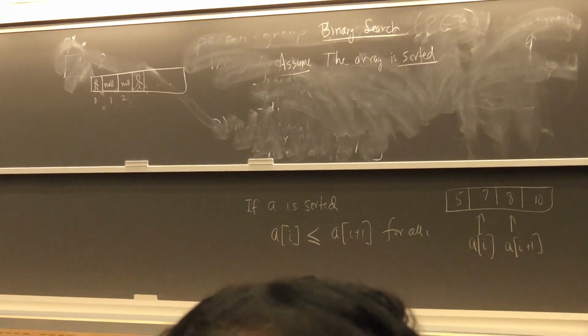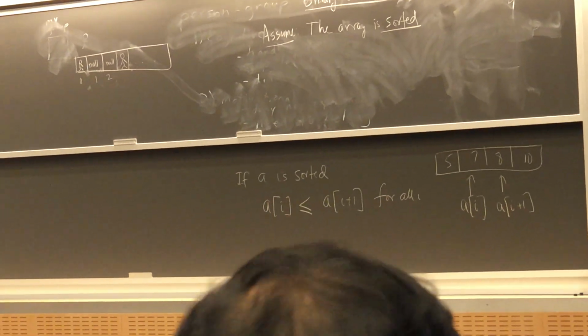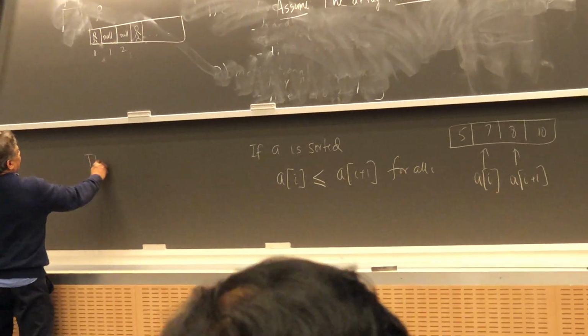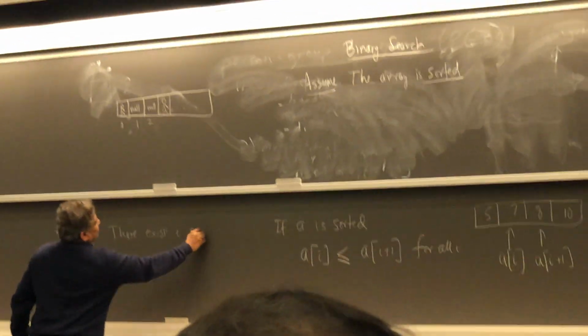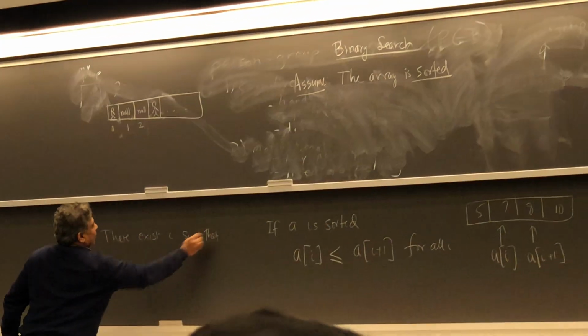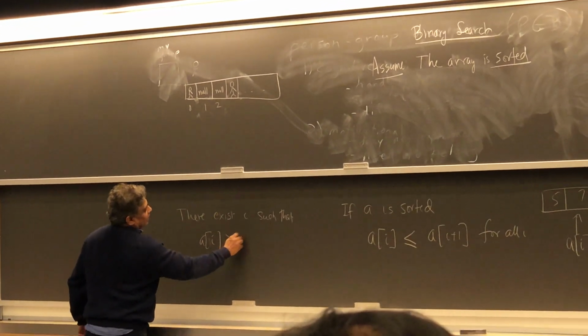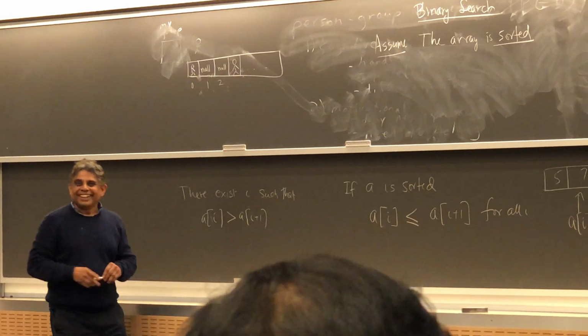The negation of for all is that there exists something. So that means you have to show that there exists an i such that a's of i is greater than a's of i plus 1. So this means they are misplaced, right?